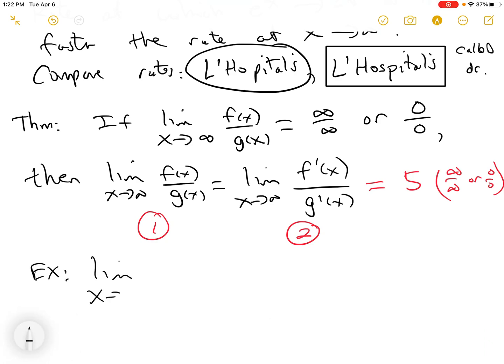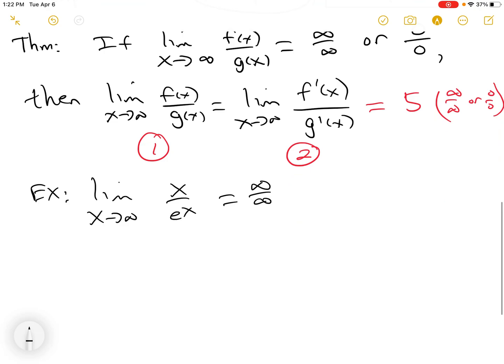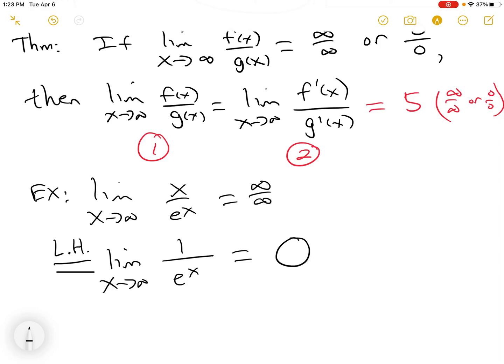Take the limit as x goes to infinity of x over e to the x. We get infinity over infinity. And then you go like this: this is equal to, and you always put an LH here to tell me you're doing L'Hopital's rule, the derivative of x is 1, and the derivative of e to the x is e to the x, and that's 1 over infinity, which is 0.